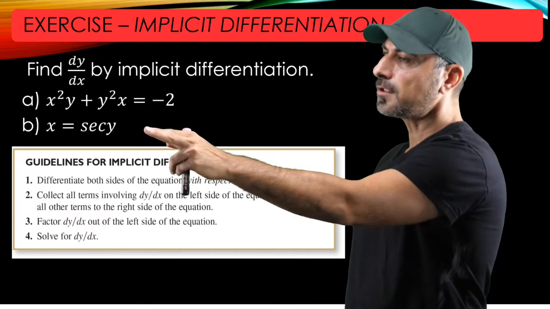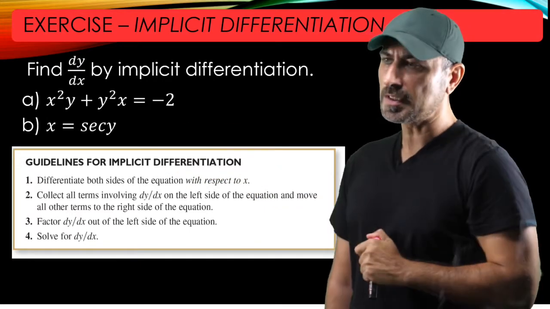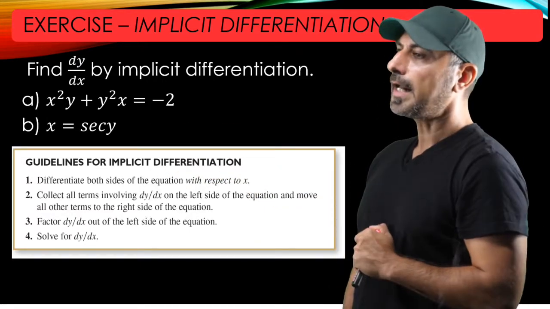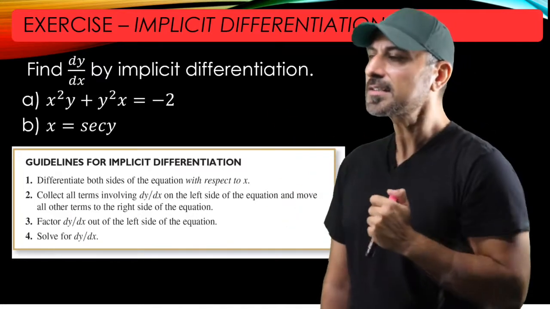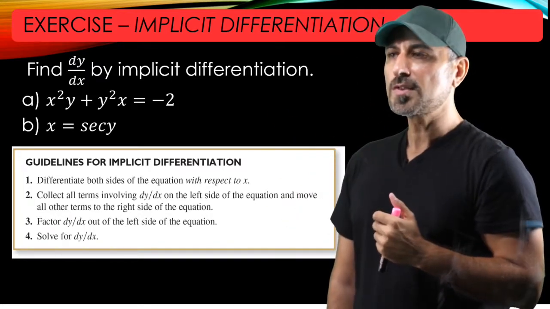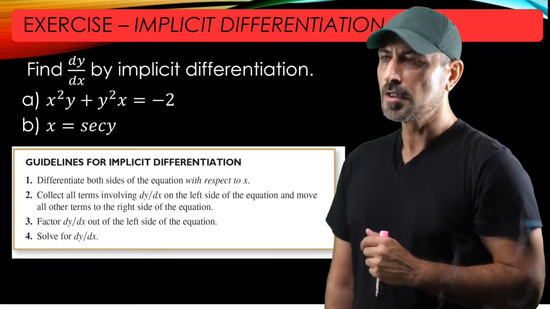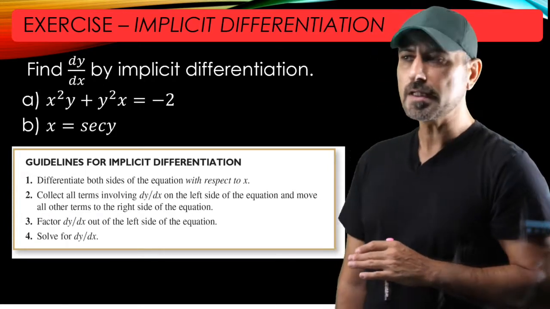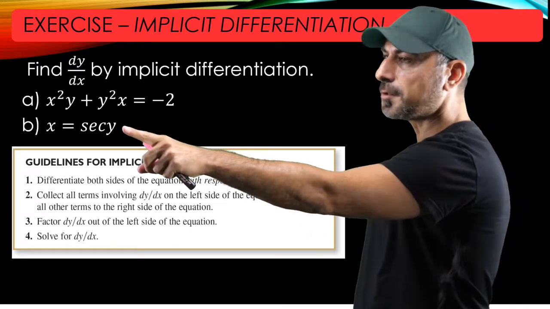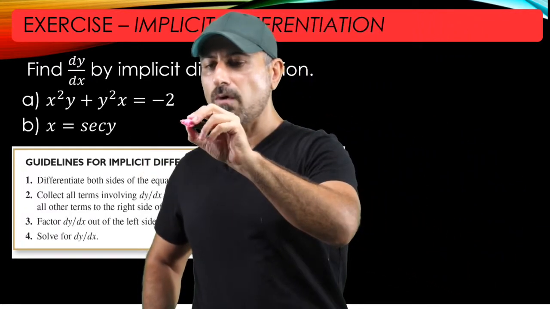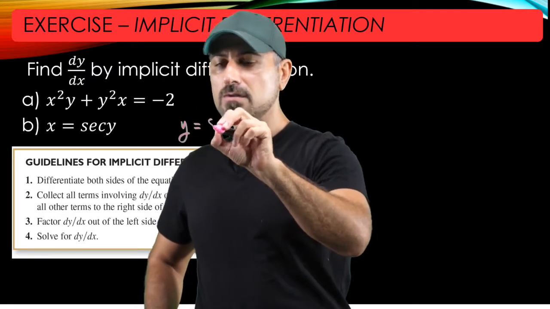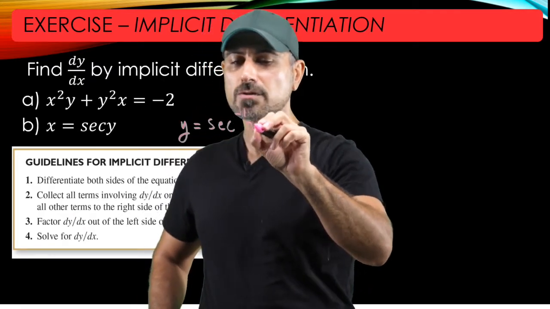The second one is also not given explicitly, because it's not in the form of y equals some function of x. But since we know the trig functions and practiced that in the pre-calculus session, we can just solve this equation for y. In other words, we can write this as y equals secant inverse of x.